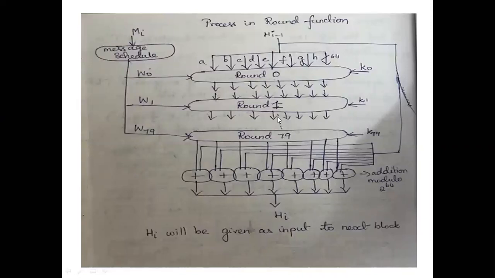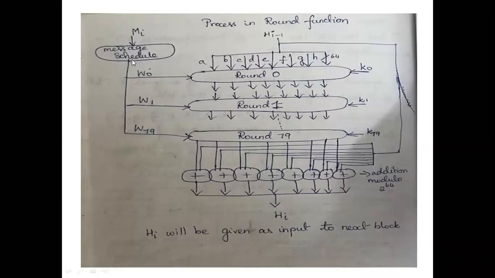Here you have A, B, C, D up to H, which are the buffers of 64 bits, as the input. Initial values are given. Then the first round, round 0, round 1 up to round 79. K0, K1 up to K79 are constants.